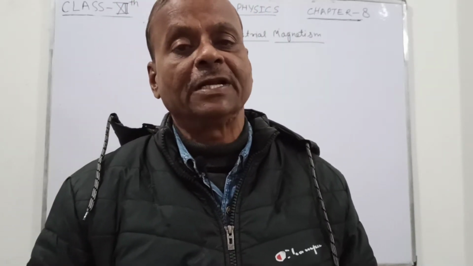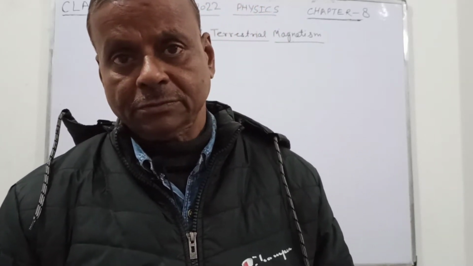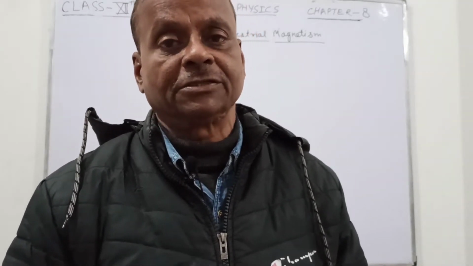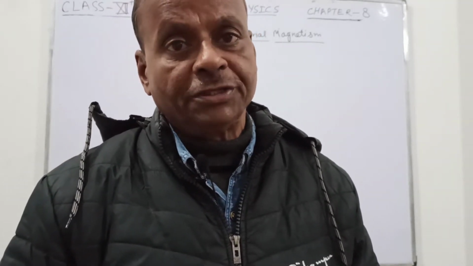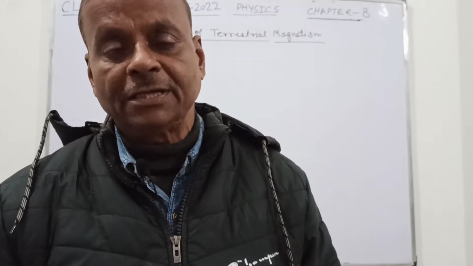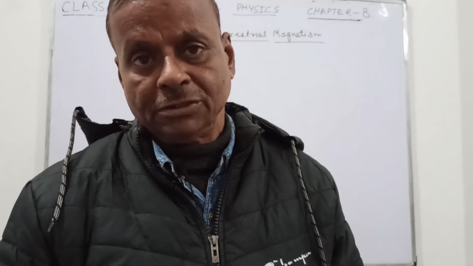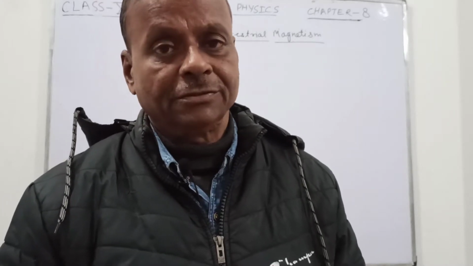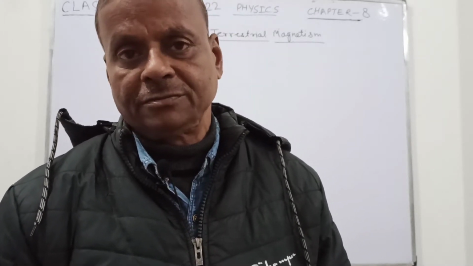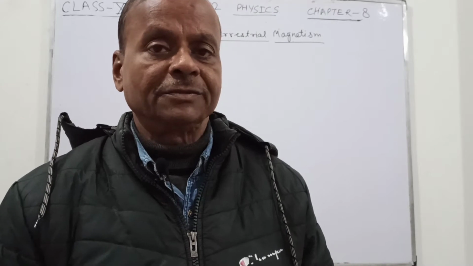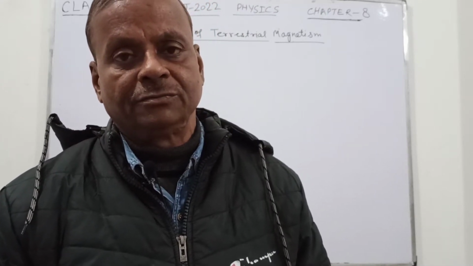Our earth behaves like a big magnet, and it is supposed that a big magnet is kept at the center of the earth. Though there is no perfect theory to explain the magnetism of the earth, this is true that our earth has a big magnet. Whatever be the reason, our earth behaves like a magnet.